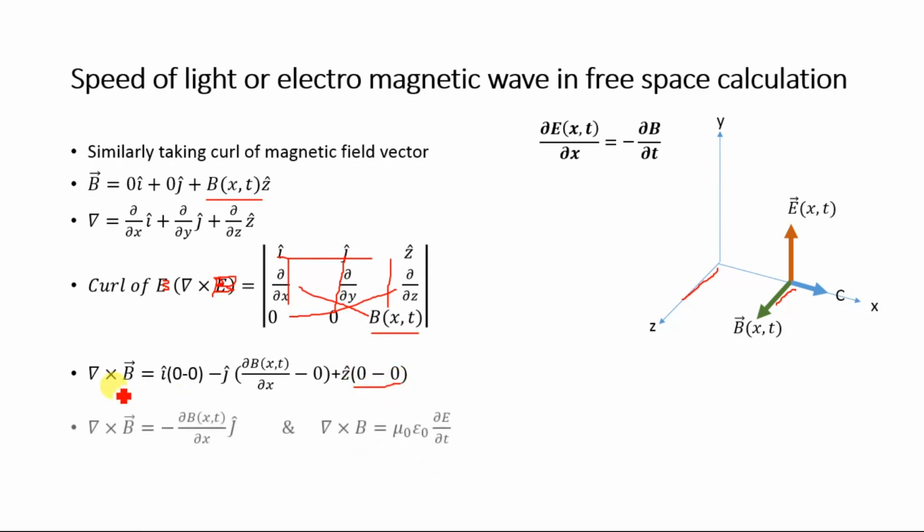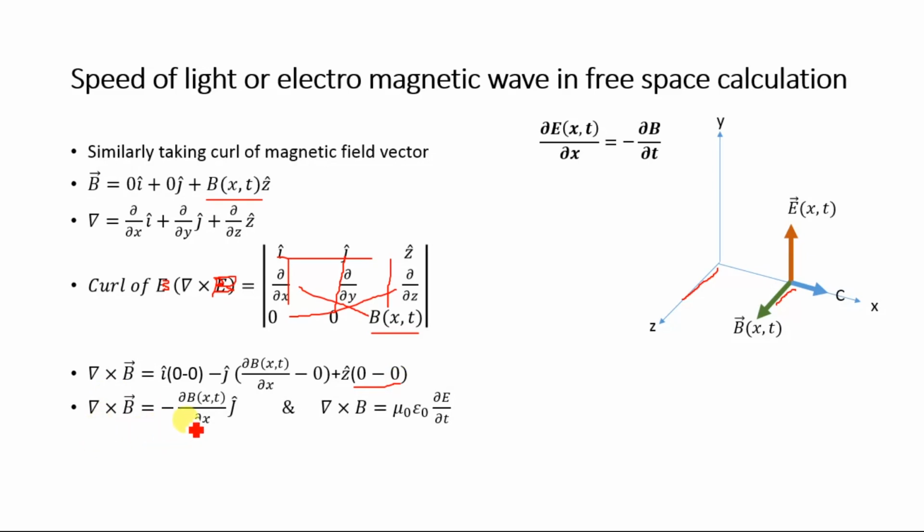Now curl of magnetic field is equal to minus ∂/∂x of B(x,t) into j unit vector, and from the Maxwell equations we know that the curl of magnetic field is equal to mu naught epsilon naught ∂/∂t of electric field.